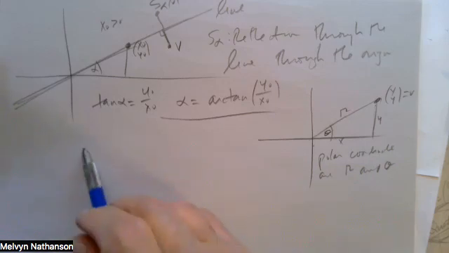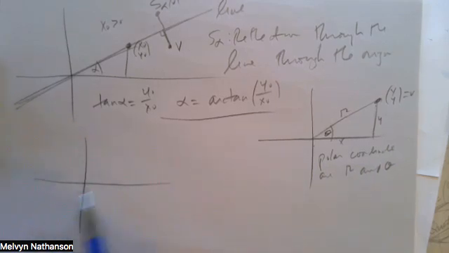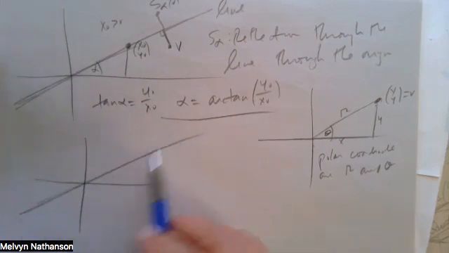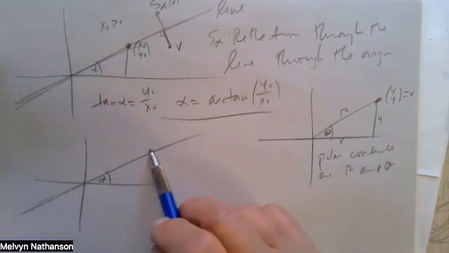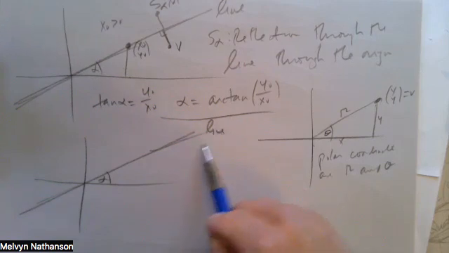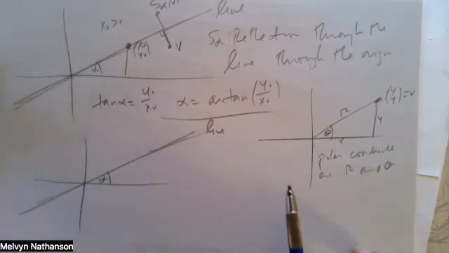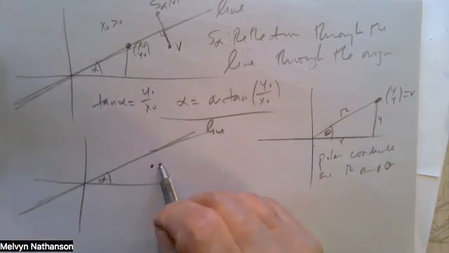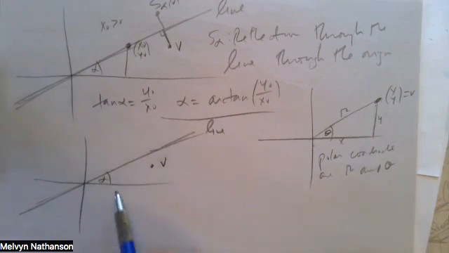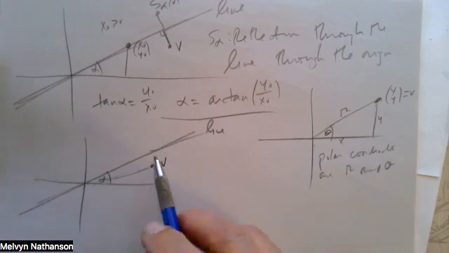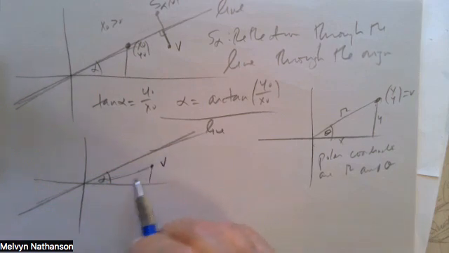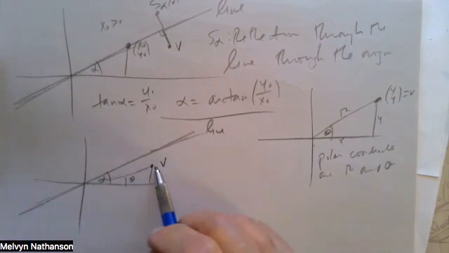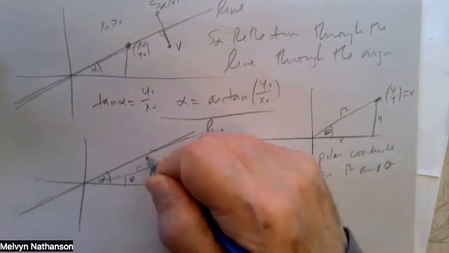So let's draw a picture of what happens when you reflect a vector through the line. Here's the line determined by the angle alpha. Here's my vector v, and the polar coordinates are theta and r.